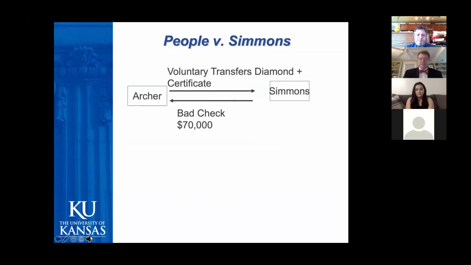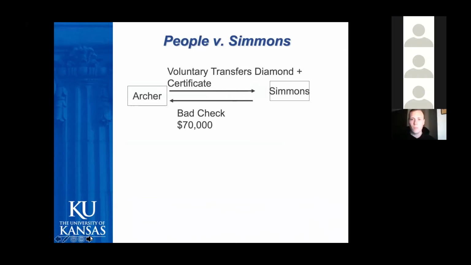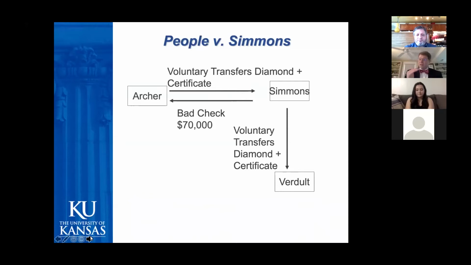So we have that. Then Simmons, of course, immediately, as you note, resells. But again, he passes the certificate to this third-party buyer. So again, that might matter to us when we're looking at that doctrine, exactly as you say. And he receives an actual check for $40,000 with real money, which I presume he converts into six-packs or gambling money or whatever it means. And so those are the background facts of our case, absolutely.